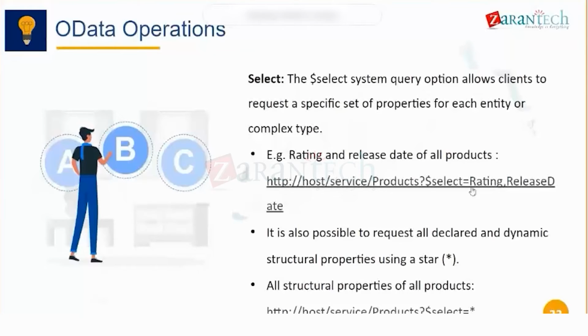So select only rating, and so you don't have to select all of these properties except that you just want to explicitly show only one or two properties. In that case, you just mention those properties here in the filter as a select. It is also possible to request all declared and dynamic structural properties using star. So this way you can also see all the properties, all other properties within the product.